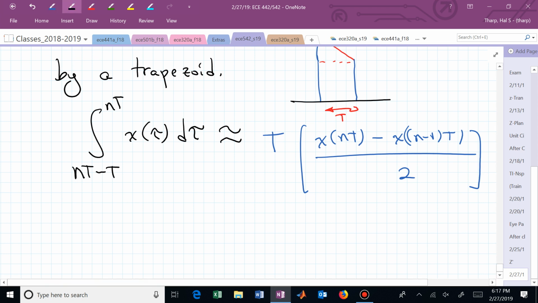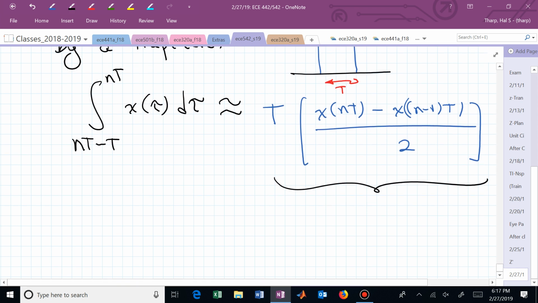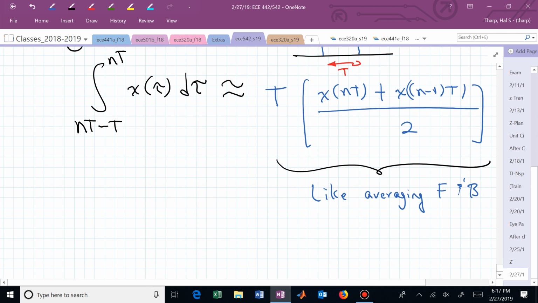And if you look at this, isn't this sort of like averaging the first two strategies? We had the forward, we had the backward. That's a plus. We want to take the average of those two endpoints. It's x of nT plus x of (n minus 1)T, and this is like averaging forward and backward.